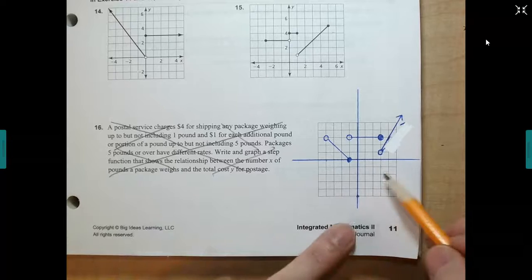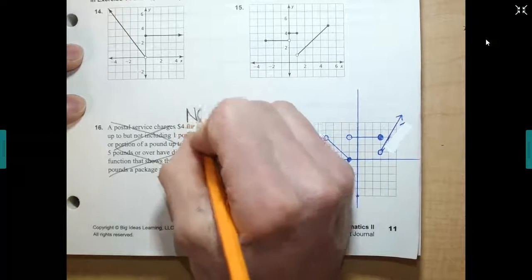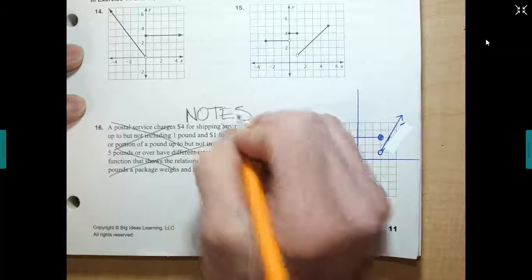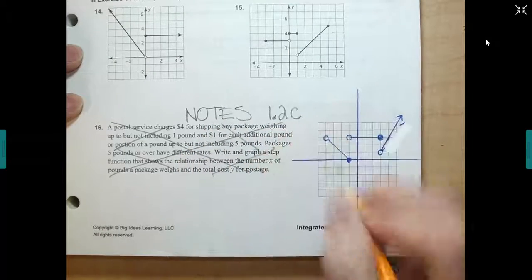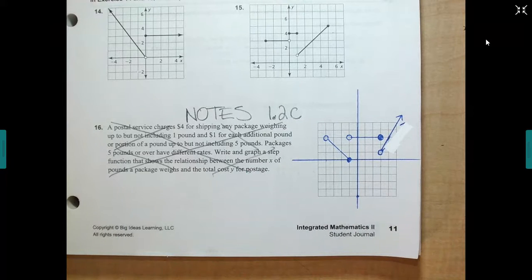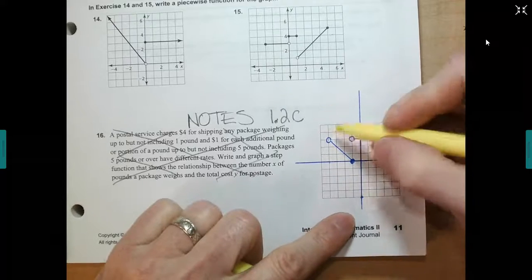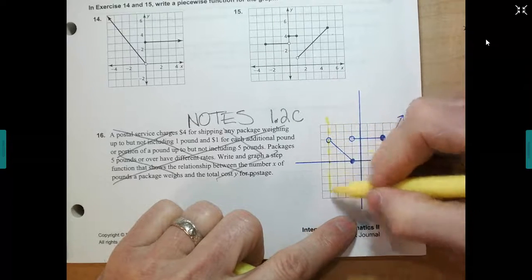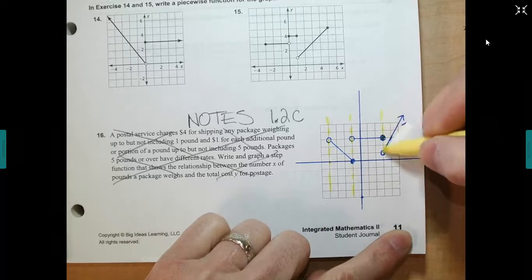We're just using this so we can keep our notes in the same place. So this is notes 1.2c. All right, and if I were to draw in our little boundaries, we have a boundary here, a boundary here, and then a boundary here.